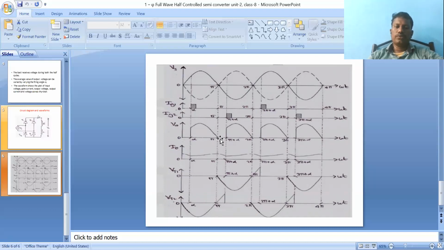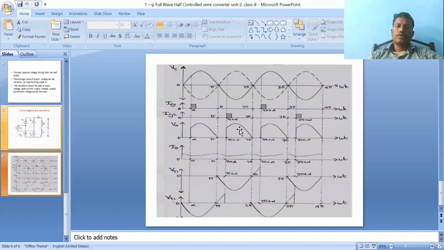D2 is automatically reverse biased, so the voltage across it is 0. There is no output voltage. The current is not equal to 0, but some value. That is how the semi-converter operation is explained.